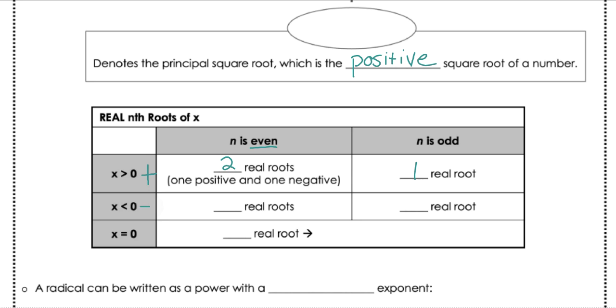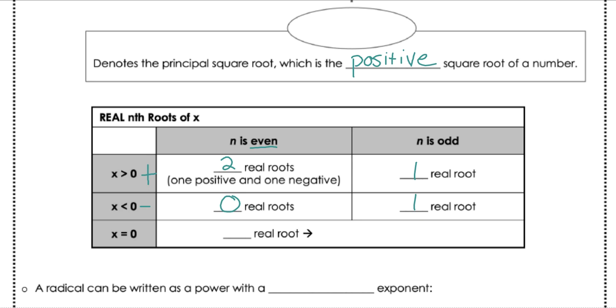If the number we're taking the root of is negative, it's less than 0, then that means we would have no real roots. Remember, we talked about we can't take an even root of a negative number. It's not possible. However, if it's an odd root, like the cube root of -8, we can still get one answer, because that would be -2. When we multiply a number by itself an odd number of times, then we can get an answer that's negative.